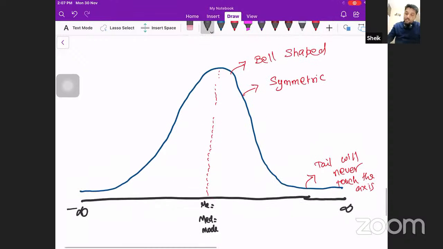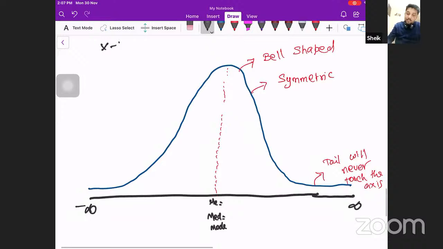Generally we use x as the random variable, but when I use z, this is actually the normal variable.